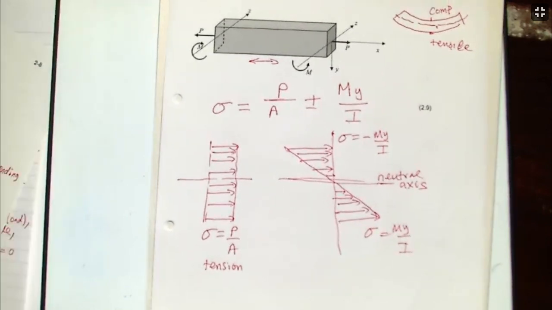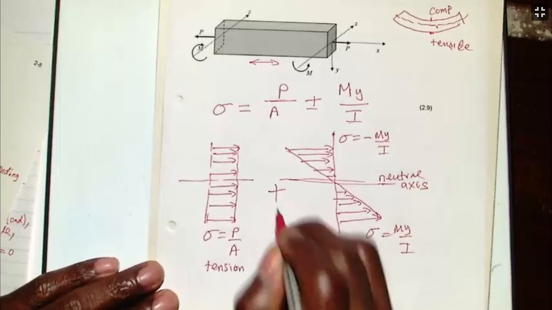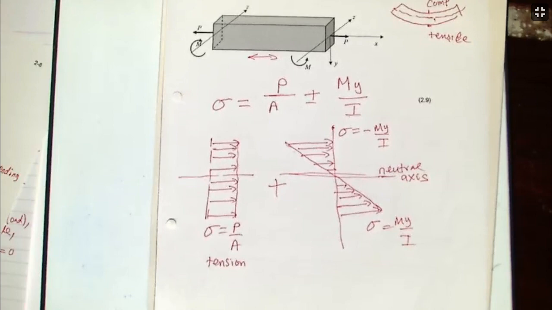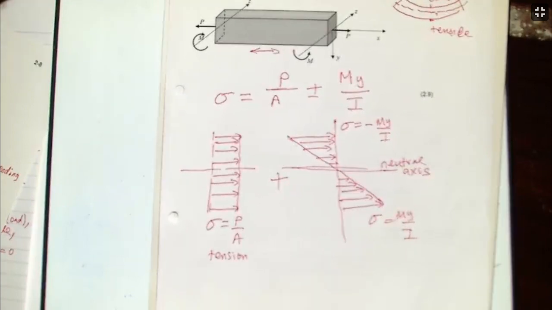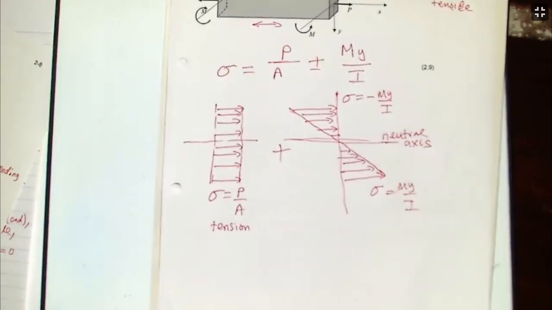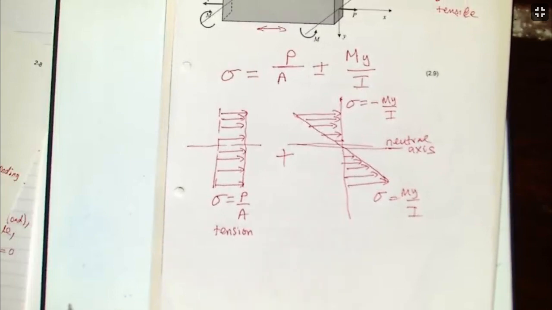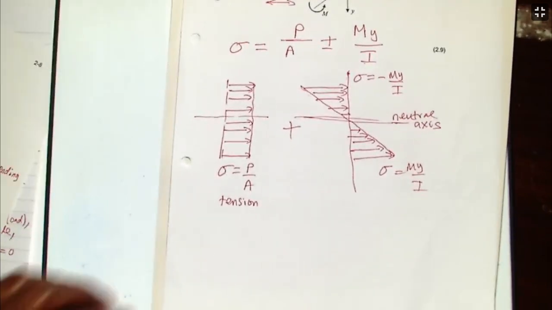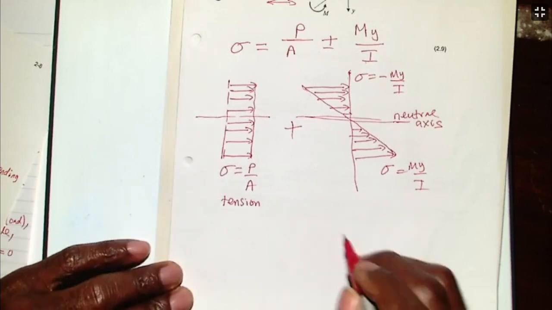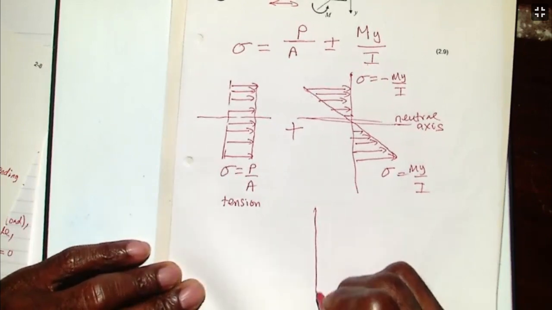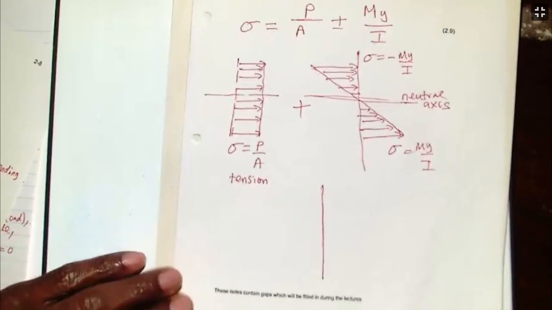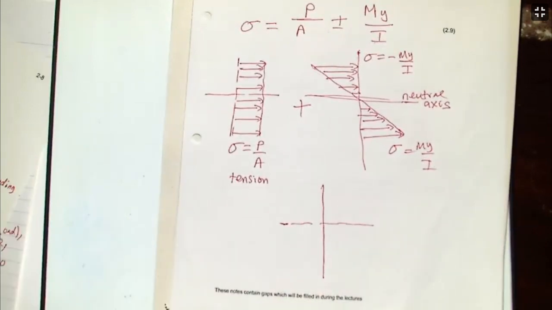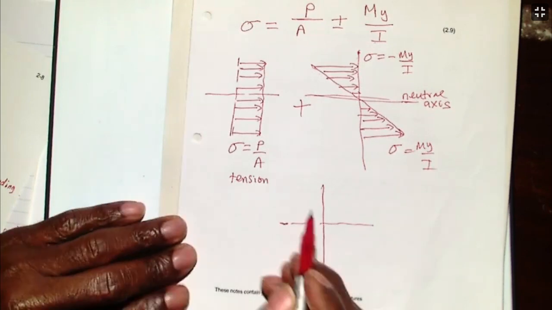if you now put them together, because the two are acting together, because of the stress coming from the load P, the center of the cross-section will no longer have zero stress. It's going to have some stress because of that load coming from P. That's the center now.